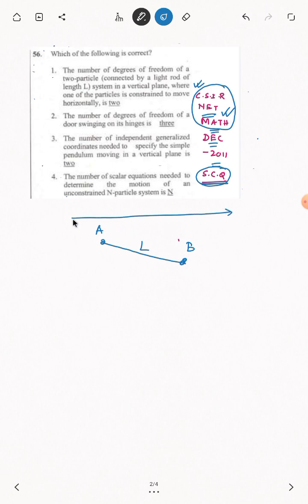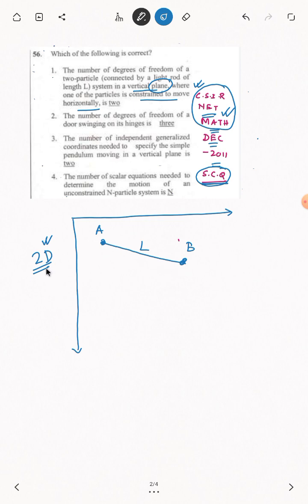In a plane we know that it is a 2D system. Whenever we consider the motion of any body, a rod-like system, then it is a 2D system. So in a 2D system, vertical plane, this point is important. Each term is very important to solve all the problems. One of the particles is constrained to move horizontally.